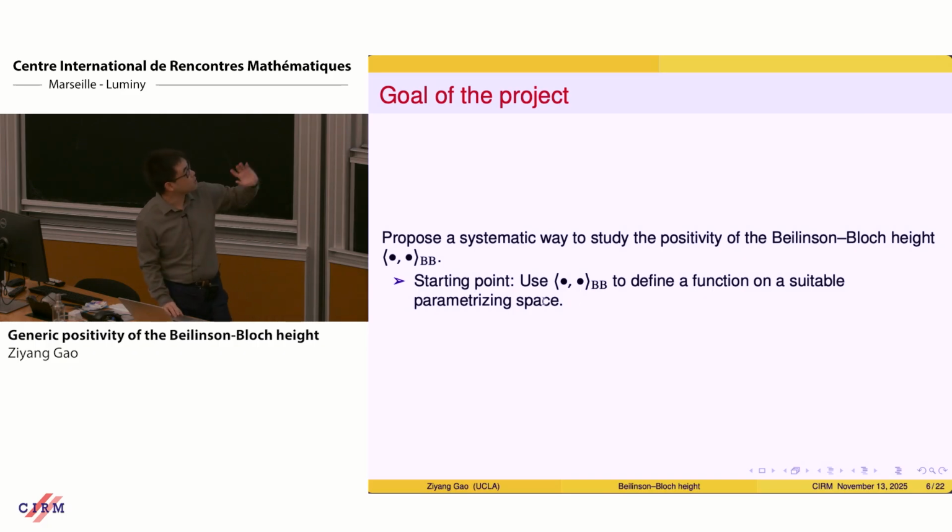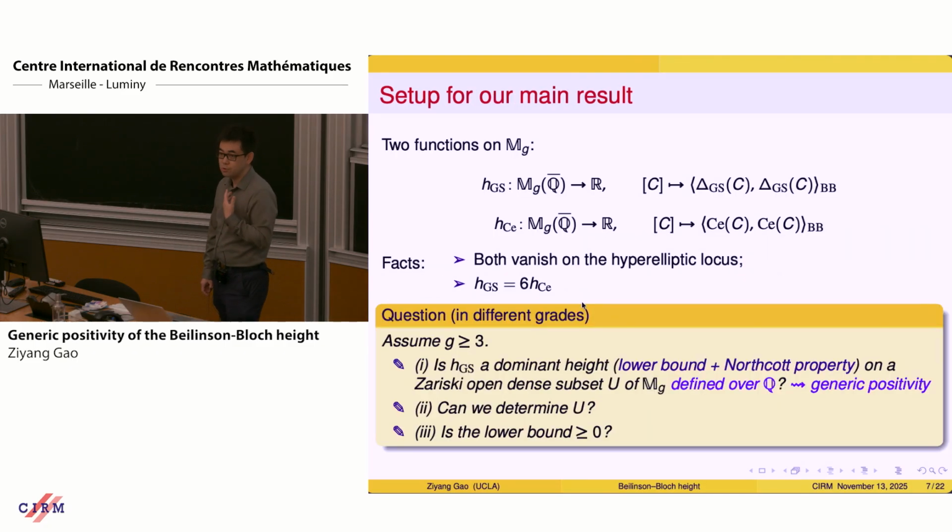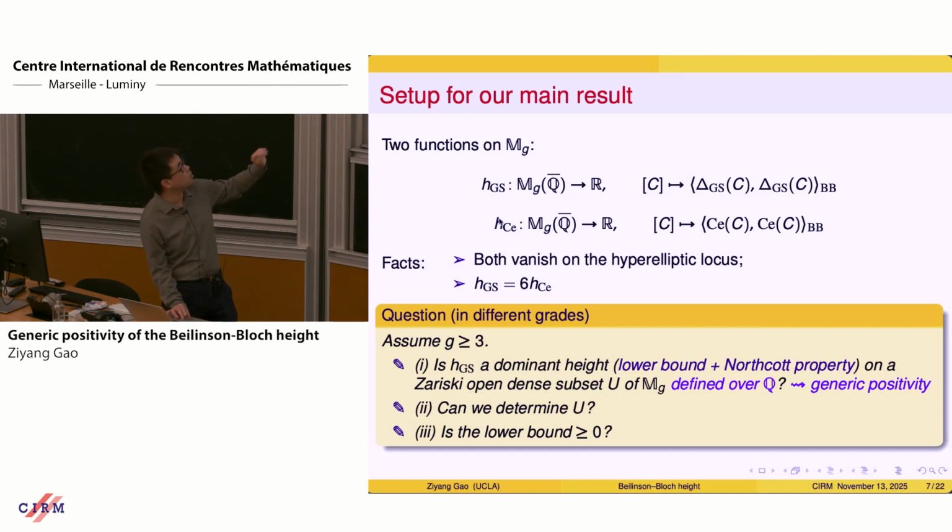So we will use this Beilinson-Bloch height to define a function on a suitable parametrizing space. For Gross-Schoen cycles or Ceresa cycles, they define functions on the moduli space of curves. So we have the Gross-Schoen function and the Ceresa function, just using the Beilinson-Bloch height.